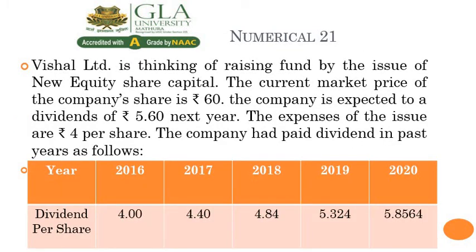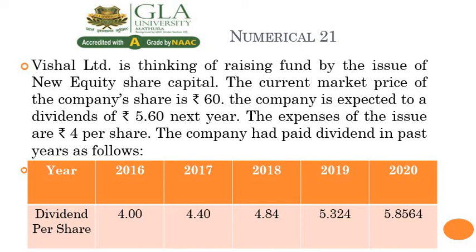Vishal Limited is thinking of raising funds by the issue of new equity share capital. The current market price of the company's share is rupees 60. The company is expected to pay a dividend of rupees 5.60 next year. The expenses of the issue are 4 rupees per share.